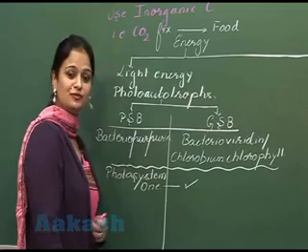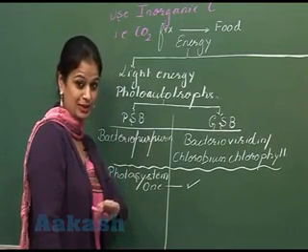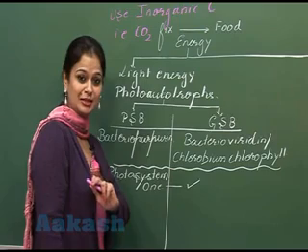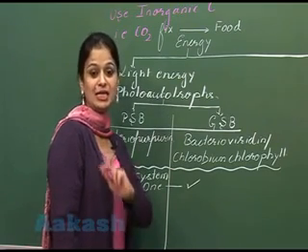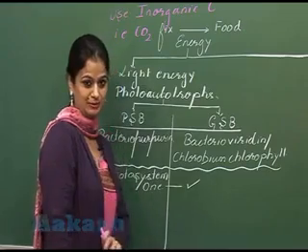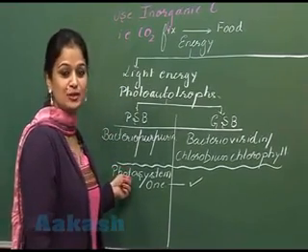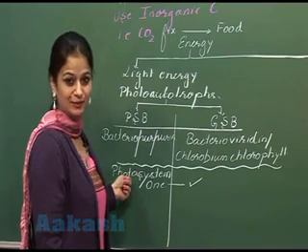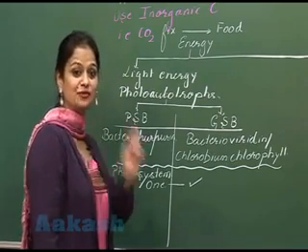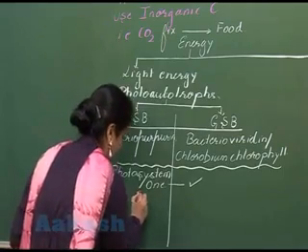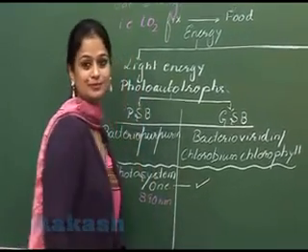Now, in the purple sulfur bacteria, the photosystem is activated by absorbing light of 890 nanometer.